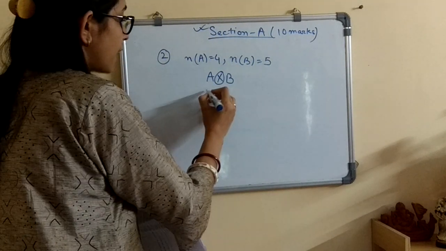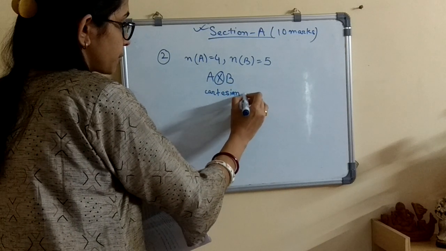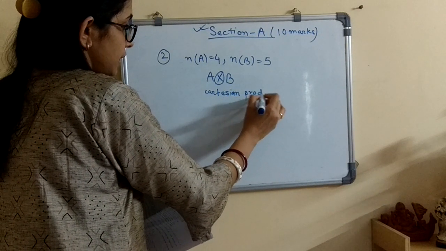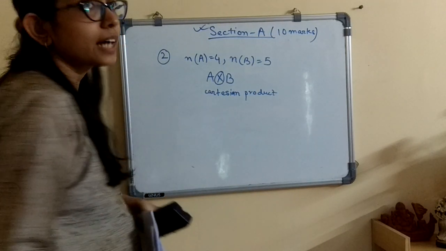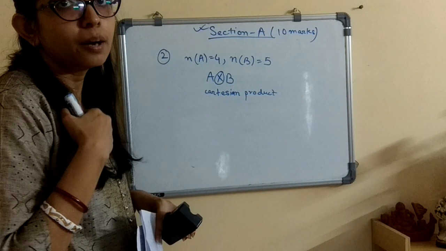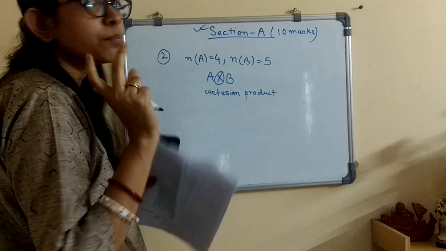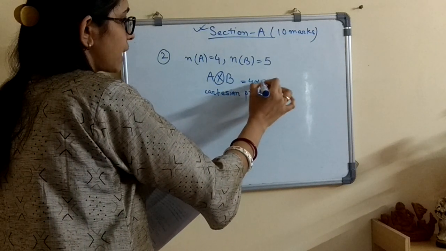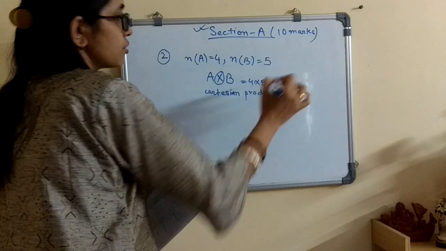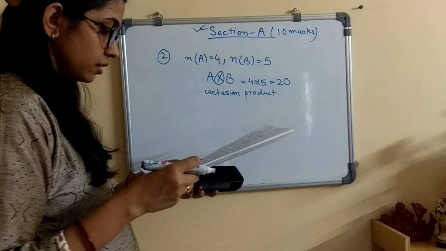This cross is the Cartesian product. We know this subtopic, correct? It is also from the chapter of sets. So the Cartesian product is the multiplication of the total number of elements in both the sets. So it will be 4 into 5 equals 20, which is in option number 3.